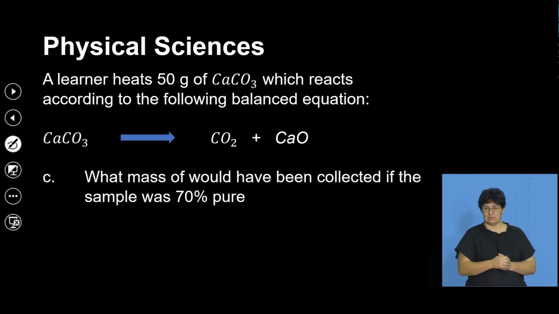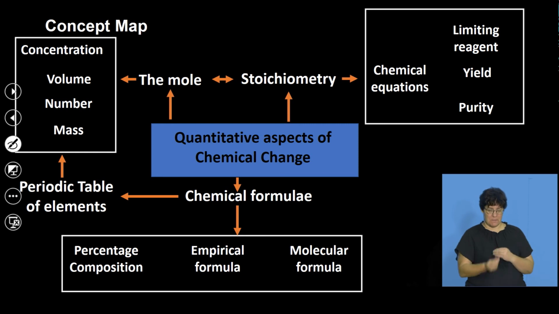So we've done that calculation. If this 50 grams contains impurities, it means a particular percentage of that 50 grams is actually calcium carbonate, and the rest of that mass consists of the impurities. So this is the main idea in as far as percentage purity is concerned.